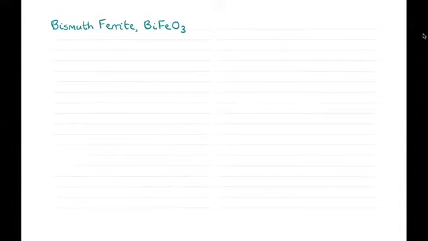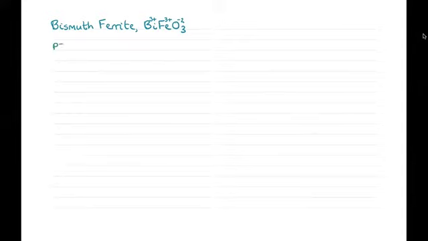And the multiferroism is not going to interest us for now, but what is interesting is that in bismuth ferrite, the A site cation and the B site cation are both trivalent. They're both +3 cations, and the oxygen, of course, is again -2, which is different from barium titanate, where we had barium 2+ and titanium 4+.